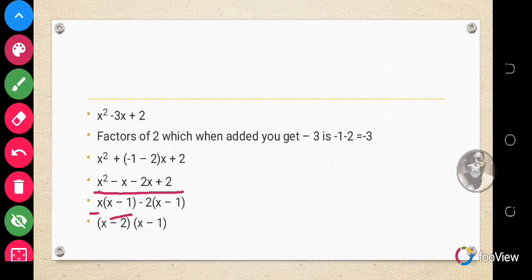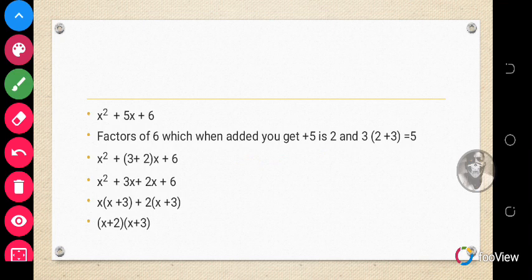On the other side, you bring negative 2 out, and then what stays on the other side would be x minus 1. Okay, and so because x minus 1, you only pick one, and then you take x and then minus 2 as 1, and then multiply them together to get your answer, your factorized form.